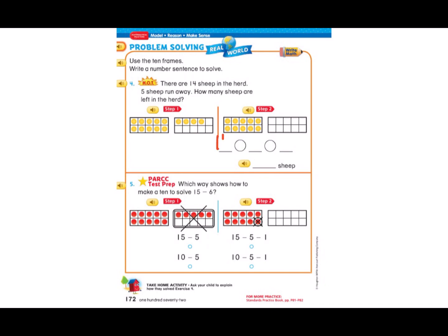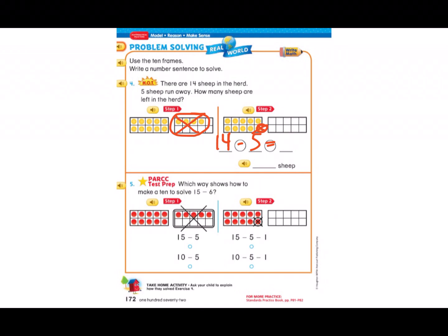So we started out with 14, and 5 sheep ran away. So we're going to cross out these 4 to get down to 10. And we're going to cross out 1 more to get to our 14 minus 5. So 14 minus 5 is equal to how many counters that are left?